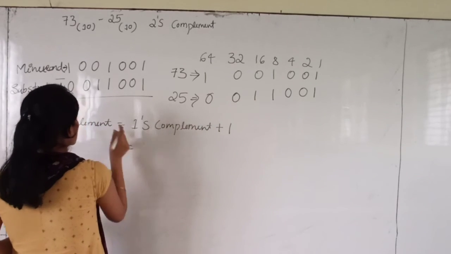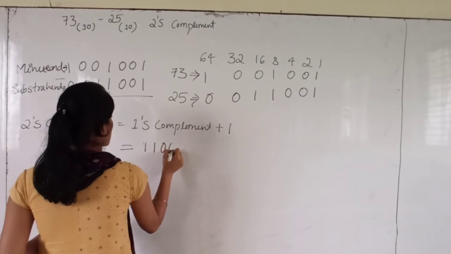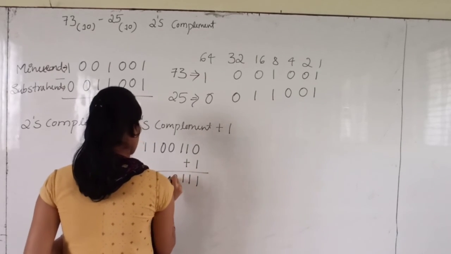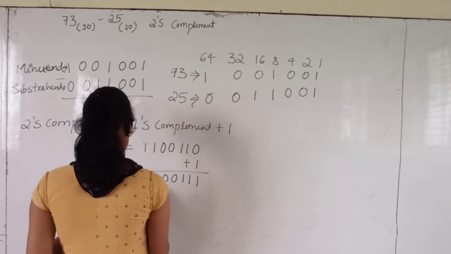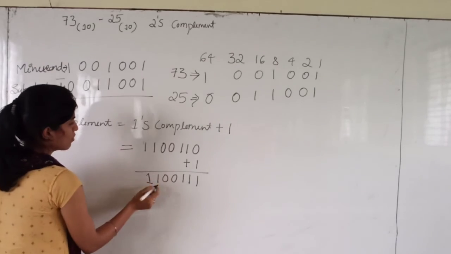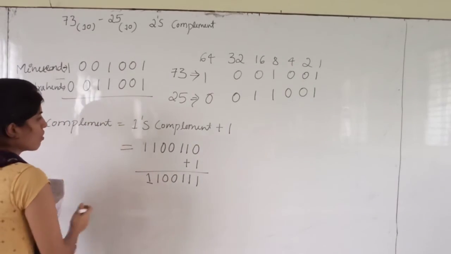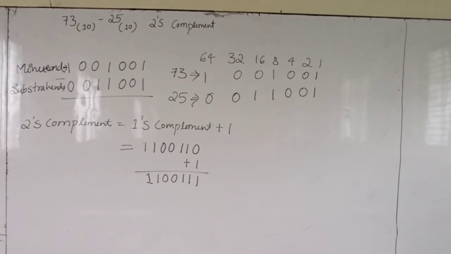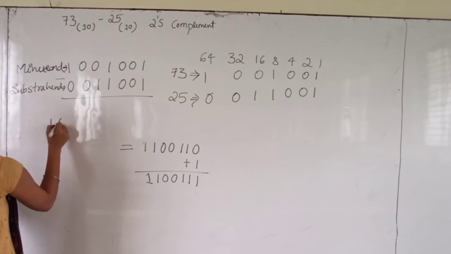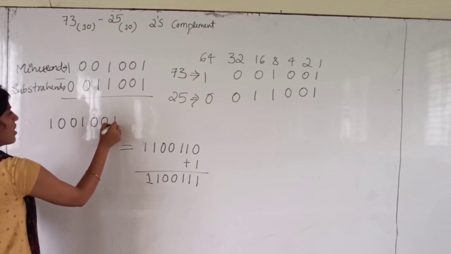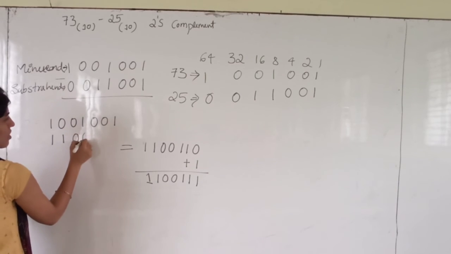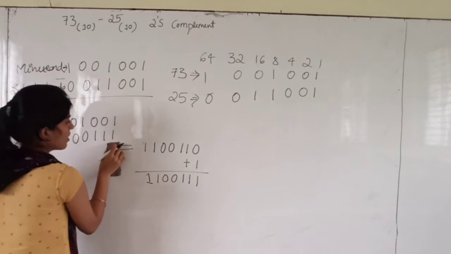The 1's complement is 1100110, and after adding 1 it becomes 1100111. Write the minuend as it is, and the 2's complement of the subtrahend is 1100111.